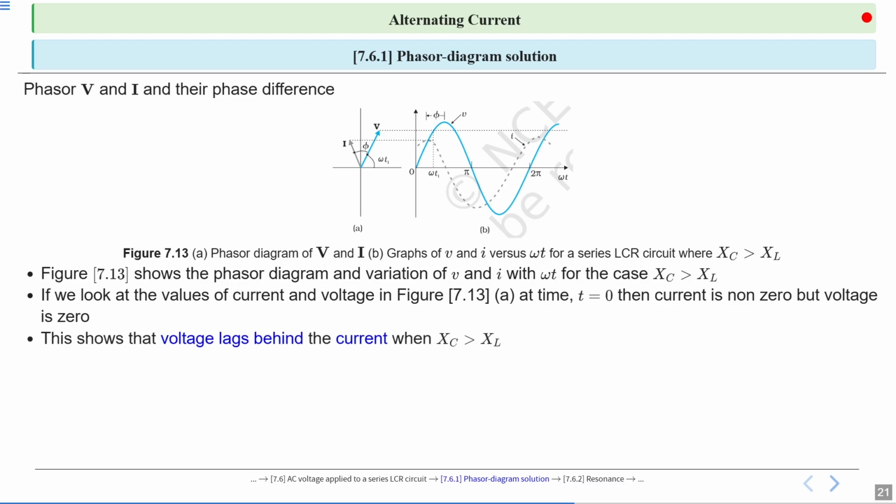This shows that voltage lags behind the current when XC is greater than XL. If XL is greater than XC, then voltage will lead. If XC is greater than XL, then voltage will lag.